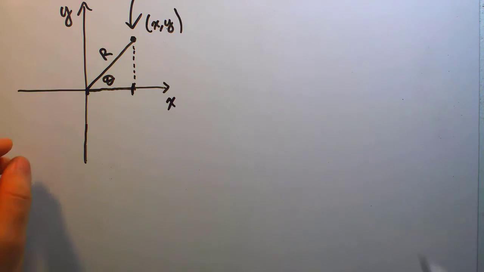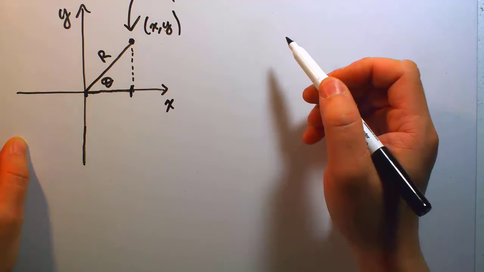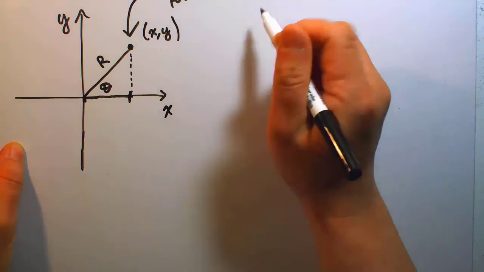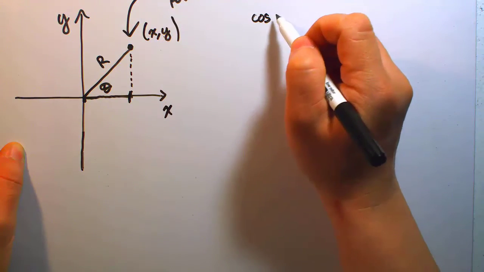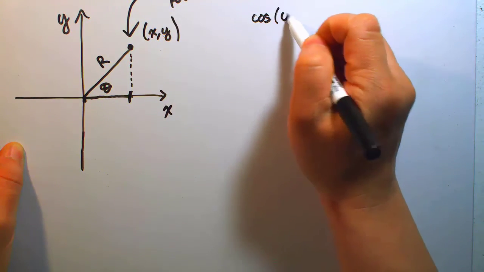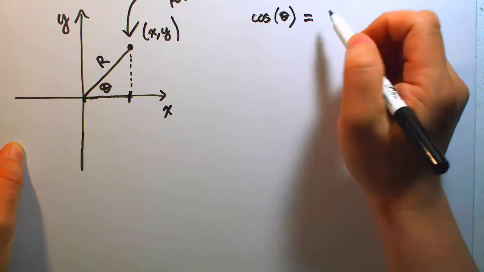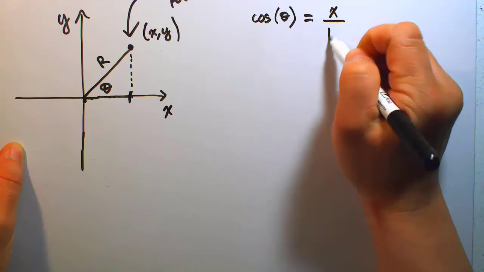Right after those definitions, we have a direct consequence. First of all, back to cosine theta on any general circle, which equals the x coordinate of the terminal point divided by the radius.